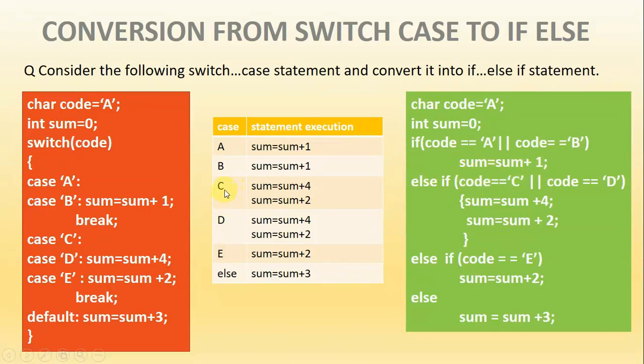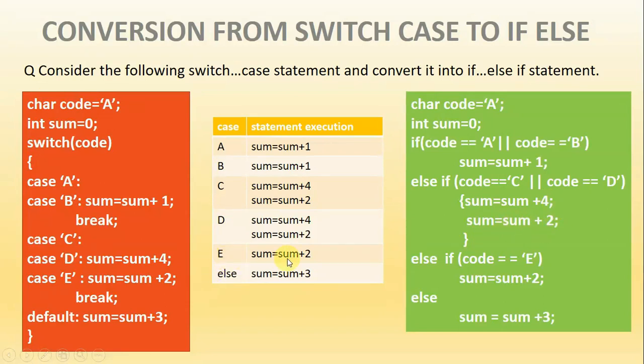And again you can see that for cases C and D, the same set of statements are getting executed. We can write else if code equal to C or code equal to D, sum is equal to sum plus 4 and sum is equal to sum plus 2.